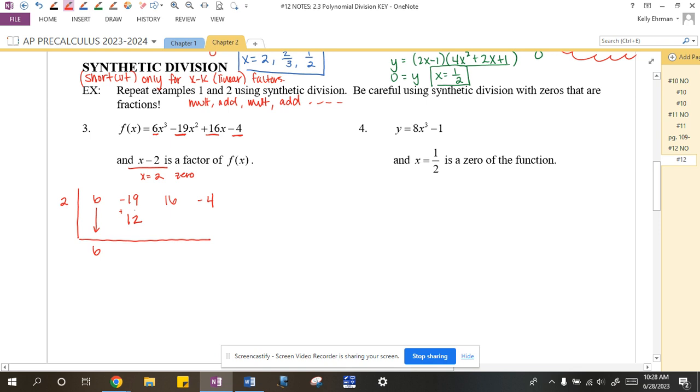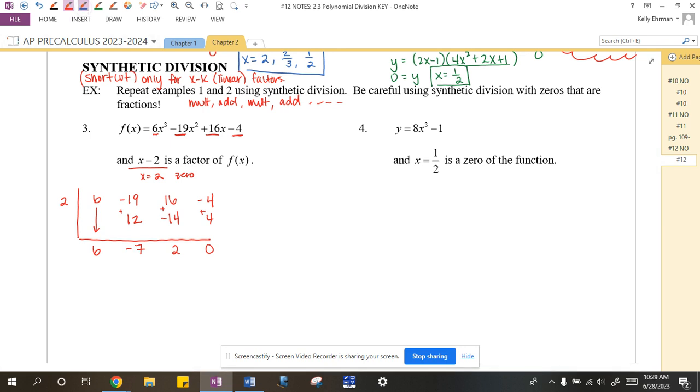Add, negative 19 plus 12 is negative 7. Multiply 2 times negative 7, negative 14. Add, 16 plus negative 14 is positive 2. Multiply 2 times 2. Add, negative 4 plus 4 is 0. What you're left with are the coefficients of the quotient.